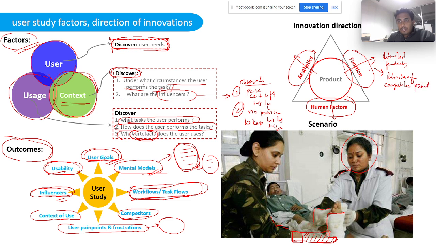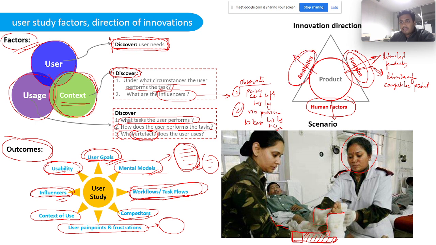These aspects, identified from the perspective of functional limitation, can be addressed by innovating your solution through functional upgradation. So you incorporate new features and new functionalities, and that way you can solve the particular problem. Another aspect can be aesthetics.